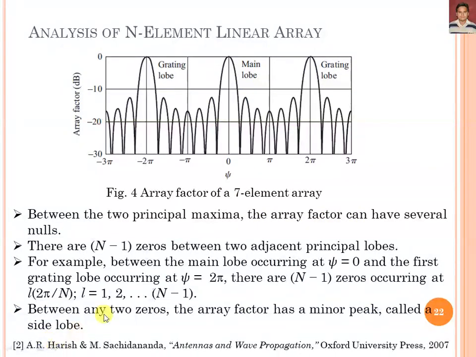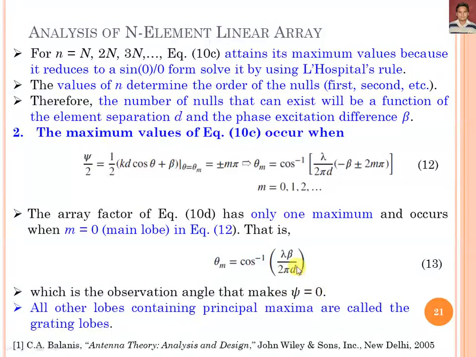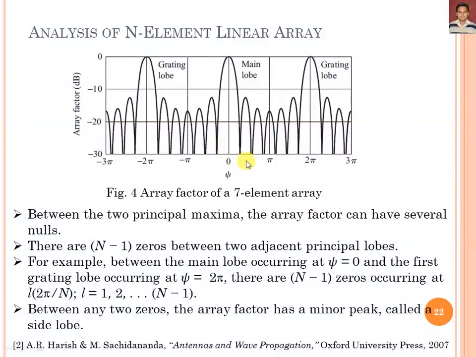Here you can see the array factor of the 7 element array, and this figure has been taken from this book. At psi equal to 0 we are getting the maxima, only one maxima, as we have discussed.